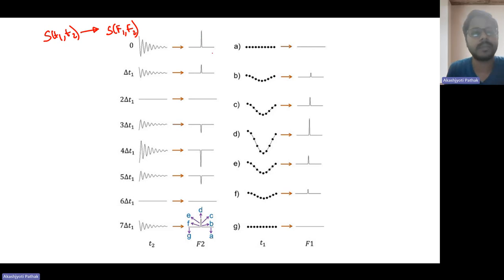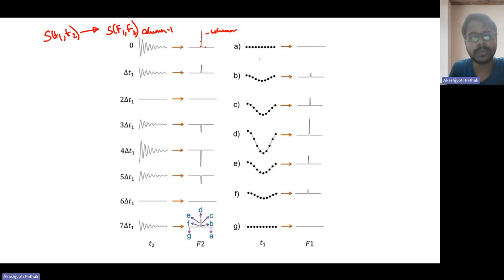So this is column one, basically. In column one, these are the free induction decays, then these are Fourier transformed, and you get this single peak.